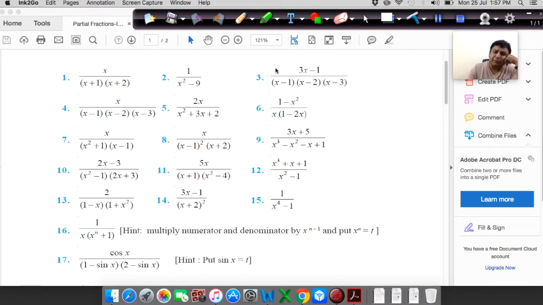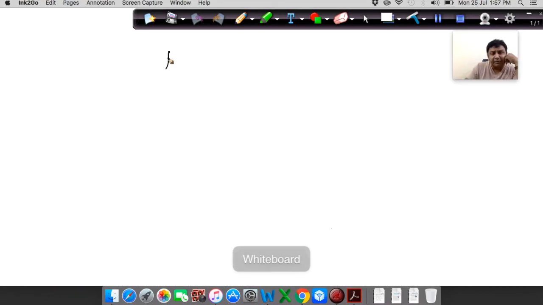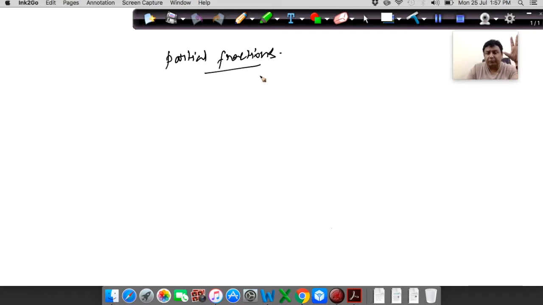So let me explain what is partial fraction, what is the application of partial fraction. Basically, this is not integration, first of all. This is part of mathematics, a way to calculate things, and we use it to integrate things.